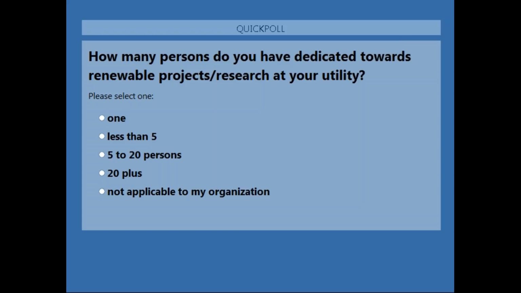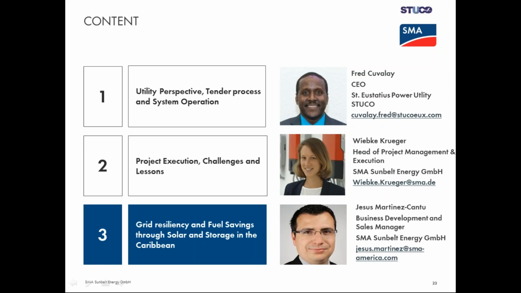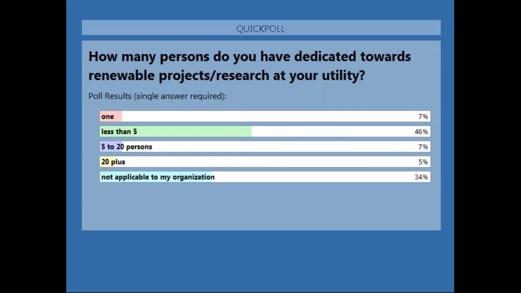So as we can see, 46% said less than 5 persons. 34% said not applicable to their organization, because we don't just have utilities on here. 7% have 5 to 20 persons, and 5% have 20 plus, and 7% have just one.